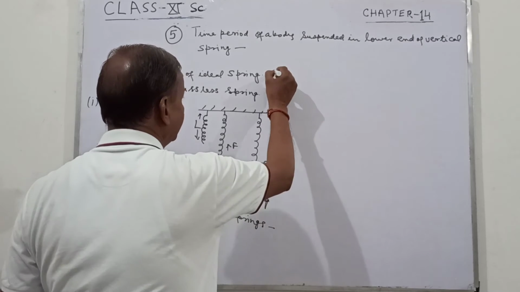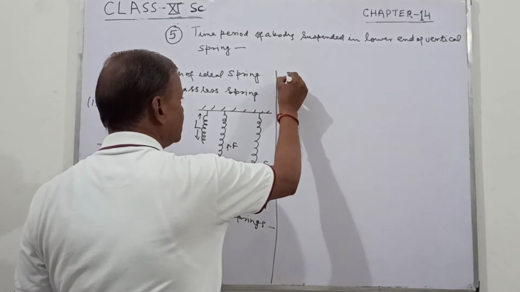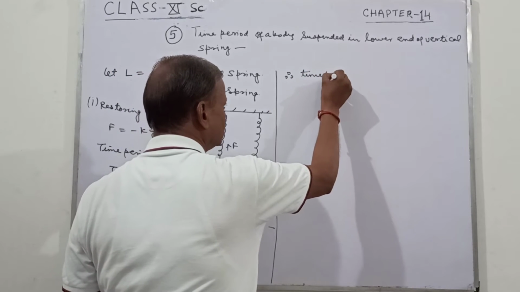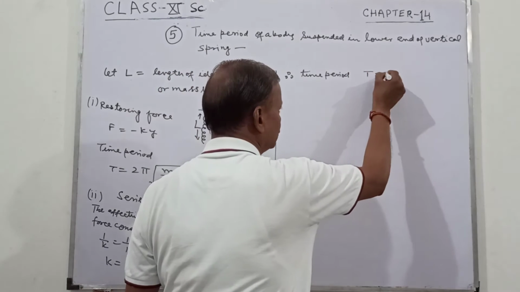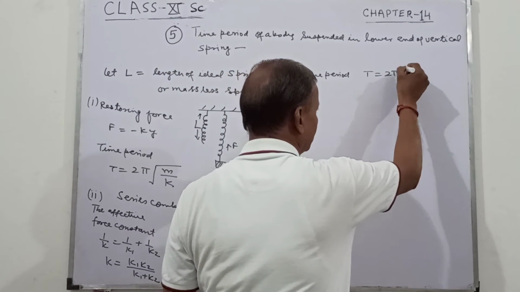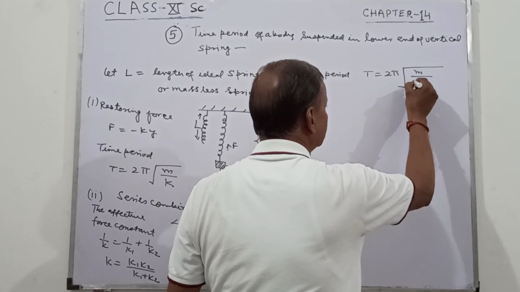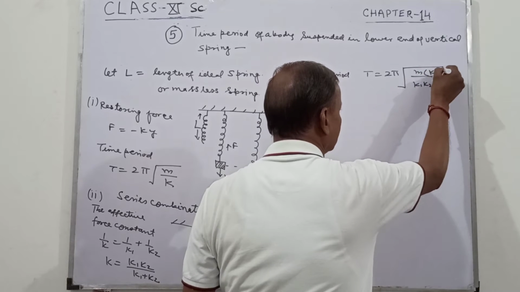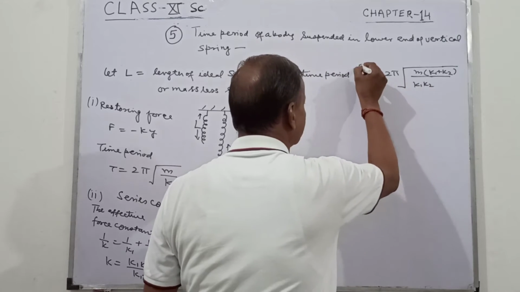And now the time period. Therefore, time period T equals 2 pi square root of m upon K1 K2 into K1 plus K2. This is so much.